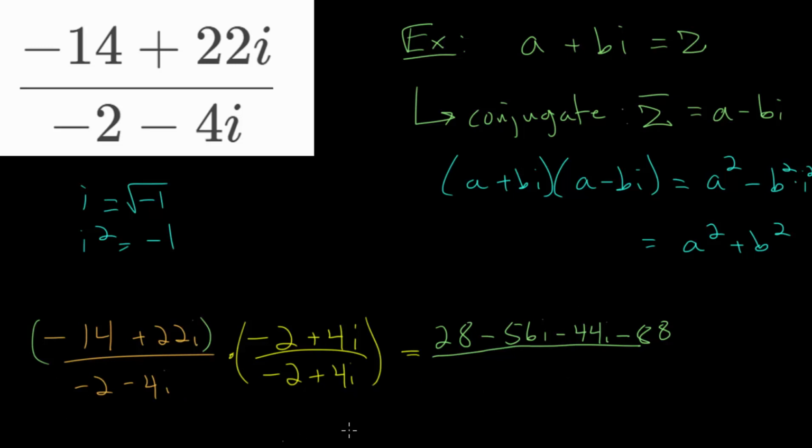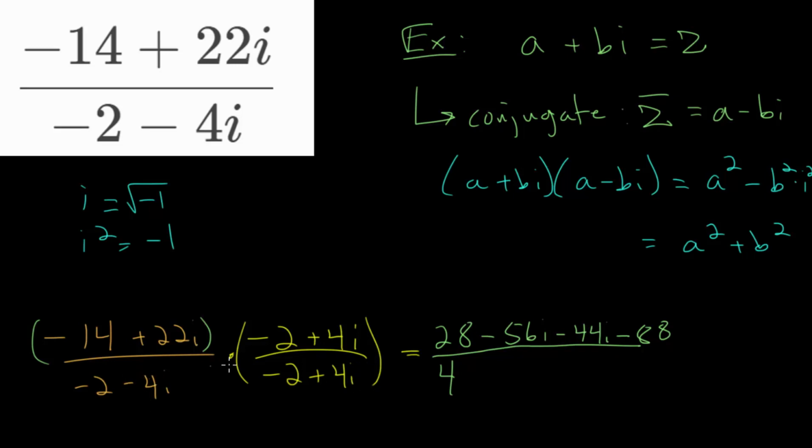Now in our denominator, we multiply this difference of two squares, and we know the formula: you end up with a squared plus b squared. Or we could just multiply it out by hand just to prove that we do lose those middle terms. So we have -2 times -2, that is 4. Then we have -2 times 4i, which is -8i.